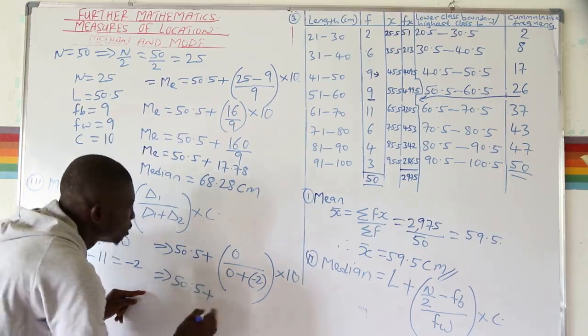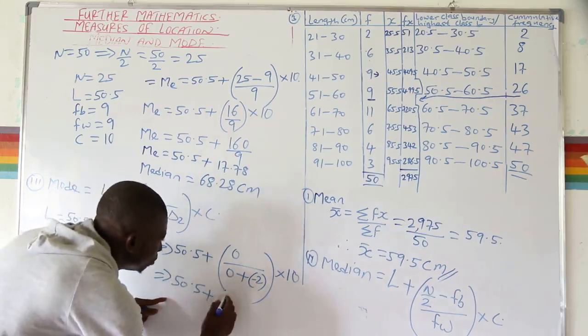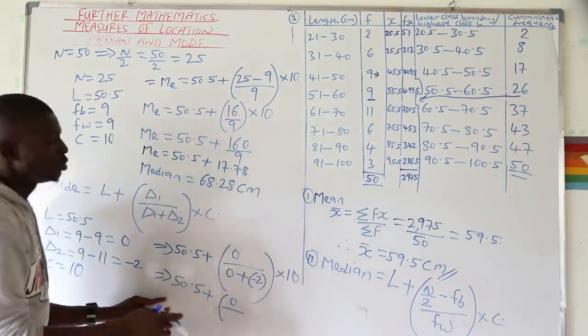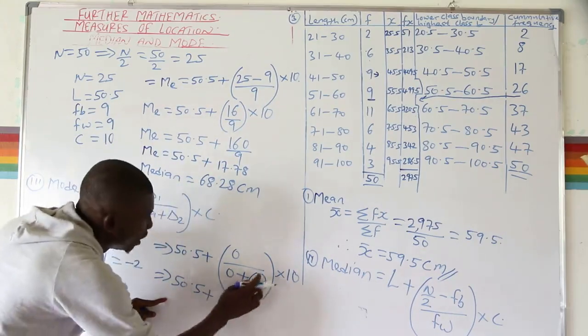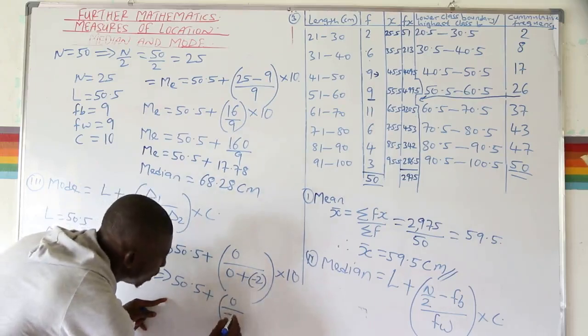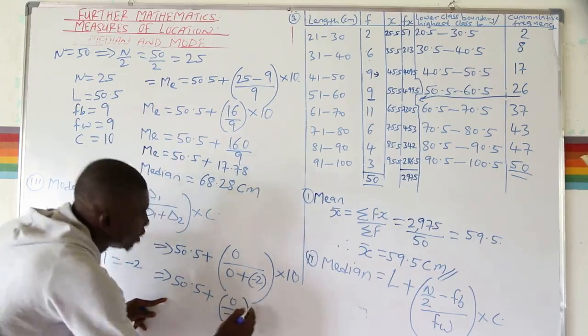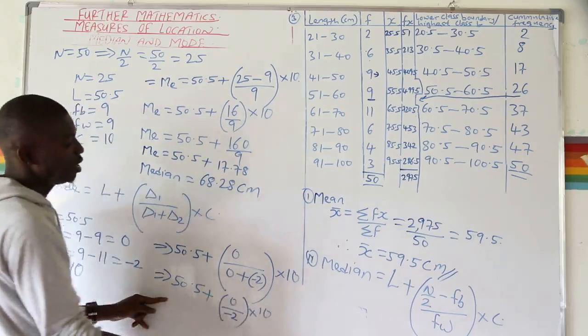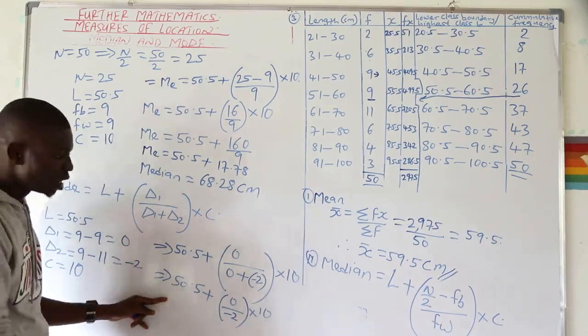Now this will give us 50.5 plus 0 divided by, plus times minus will give us minus, that will be 0 minus 2, which gives us minus 2. Close the bracket times 10. Don't forget 0 times 10. Anything times 0 is 0.